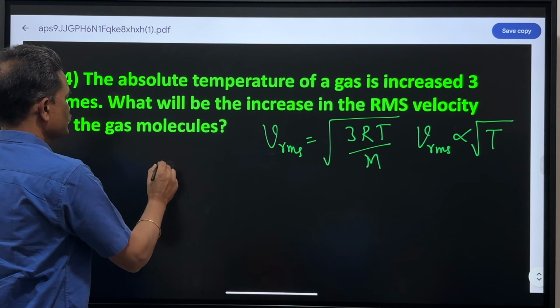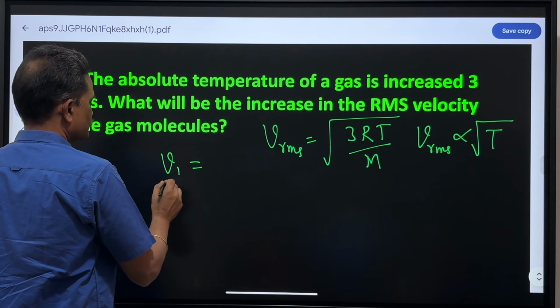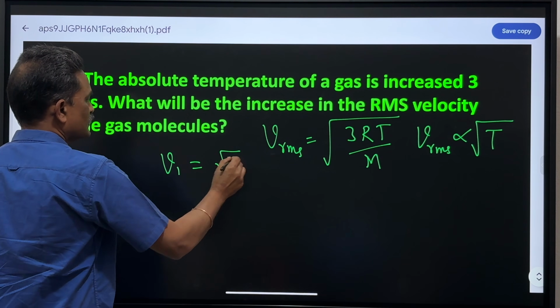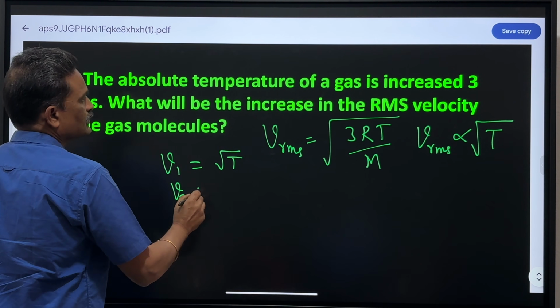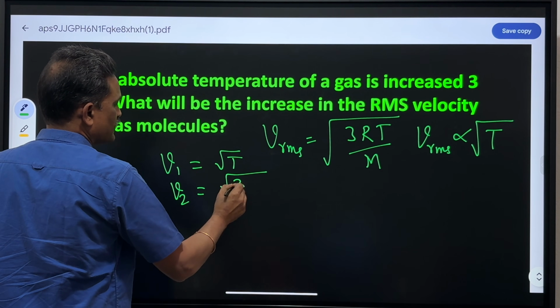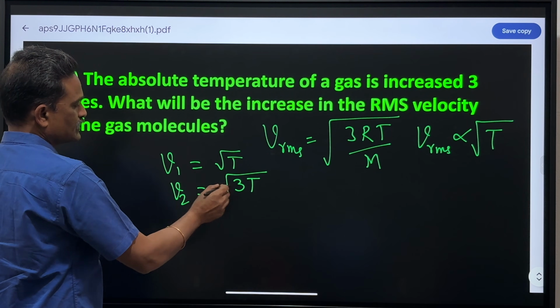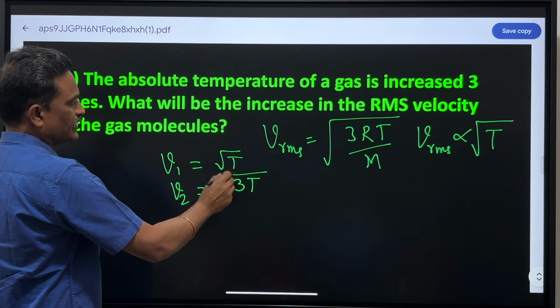So initially it is V1. So V1 is equal to some root T, whereas V2, the temperature is increased by 3 times, so it is root 3T. V2 is equal to square root of 3T.